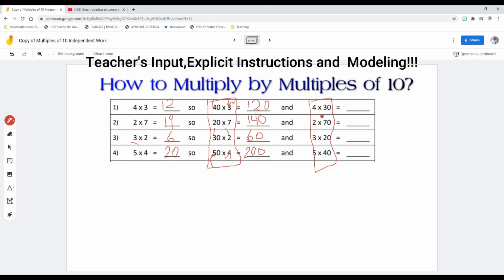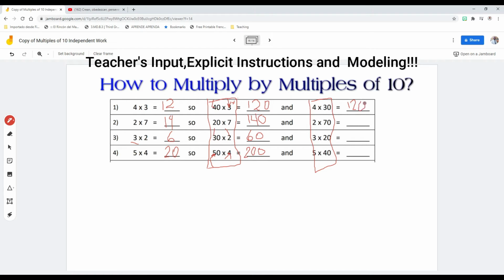Now let's switch here. These numbers on this side become a multiple of 10. So how do you get 30? You multiply 3 times 10, which is equal to 30. But we know that 4 times 3 is the same as 3 times 4. That's equal to 12.